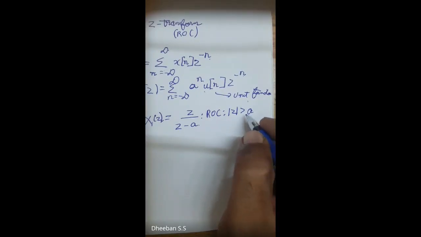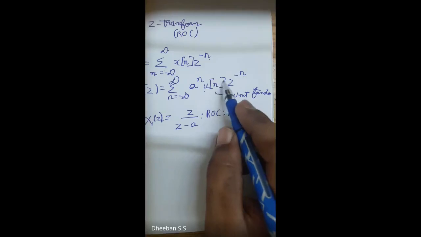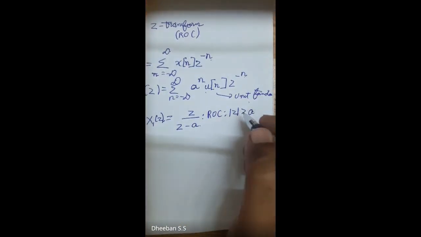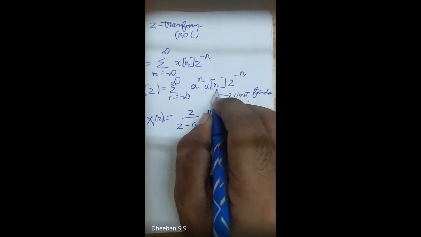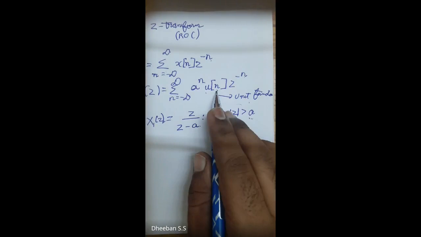The possibility for convergence depends on n. Here n is there, right? After this n, you have to see the axis. With respect to the axis, you just take this n value alone.